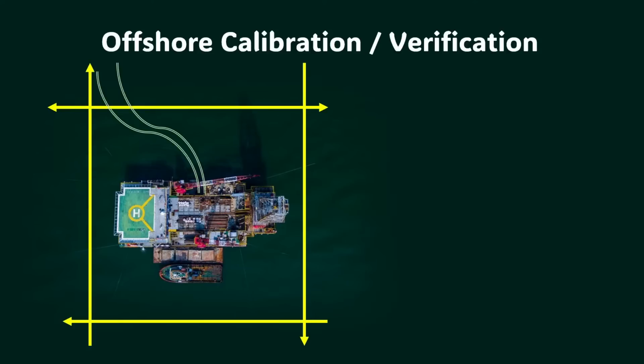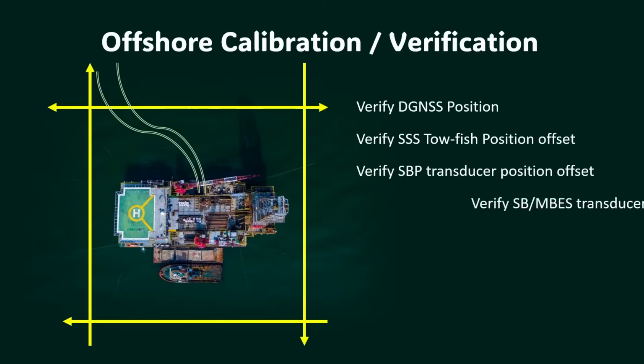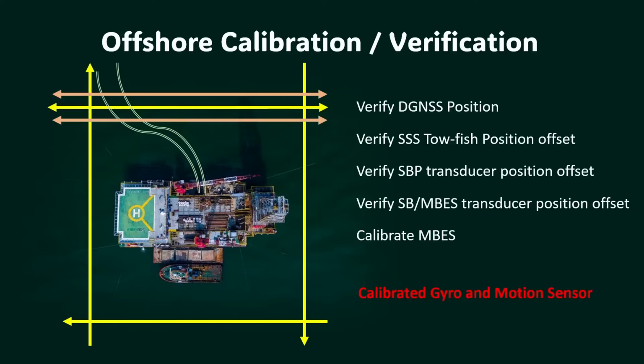By running these survey lines, we can verify our DGNSS position, verify side scan sonar tow fish position offset, verify sub-bottom profiler, single beam and multi-beam transducer position offset, and we can calibrate the multi-beam system by running two additional lines.